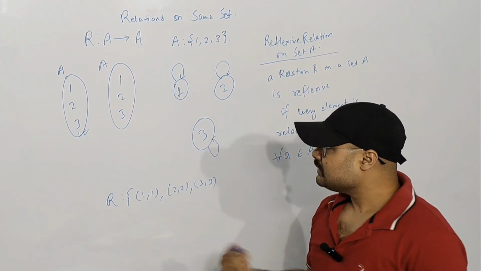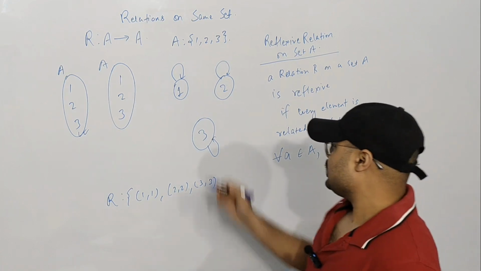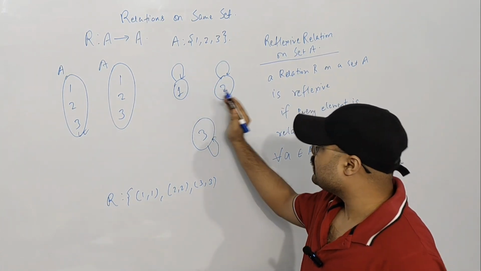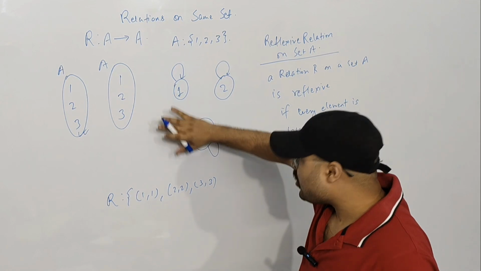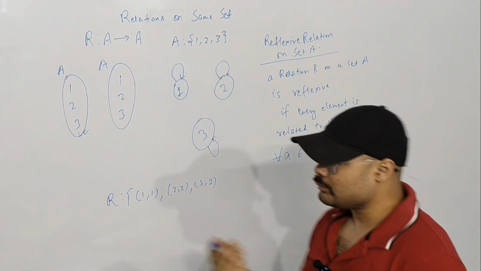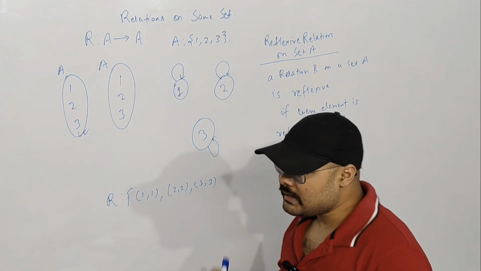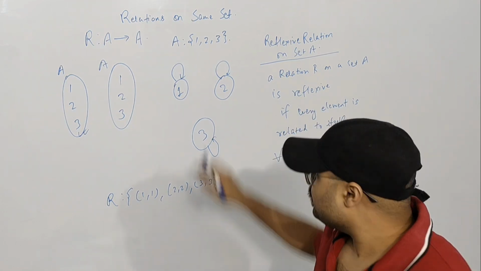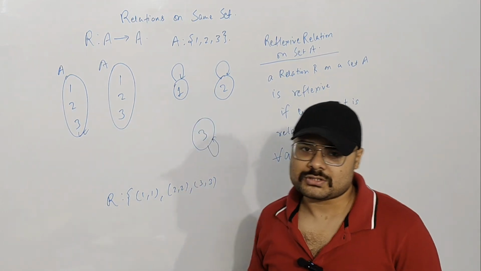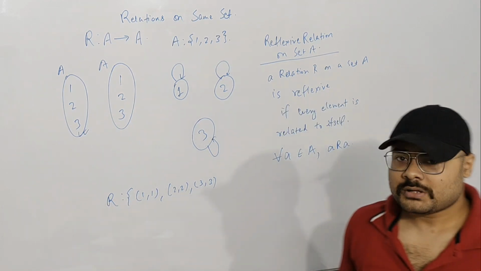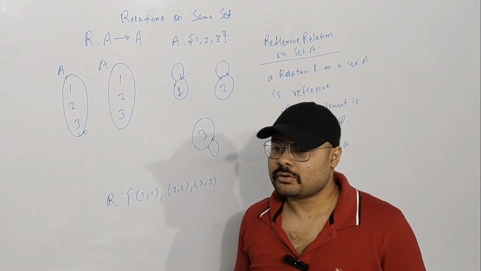The other edges, like from 1 to 2, from 2 to 3, from 2 to 1, or from 3 to 2, when it comes to two distinct vertices, may or may not be connected. Their presence or absence does not disqualify a relation from being reflexive.